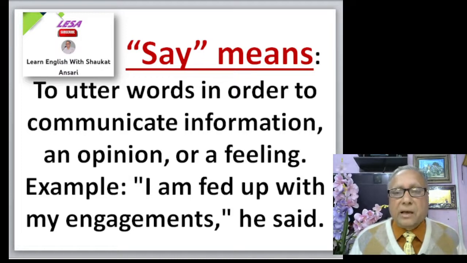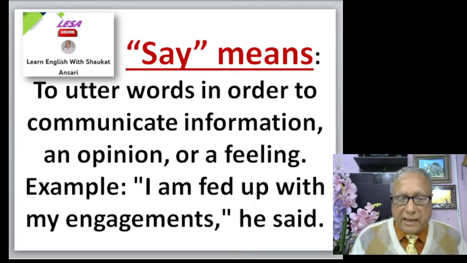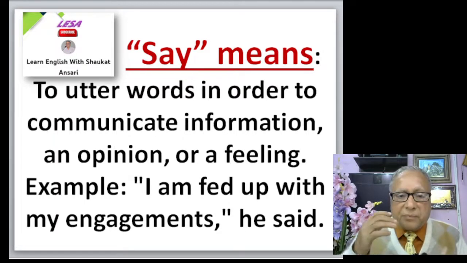For example, I am fed up with my engagements, he said. So here, after say, an information is being communicated, and the information relates to a statement that I am fed up with my engagements.